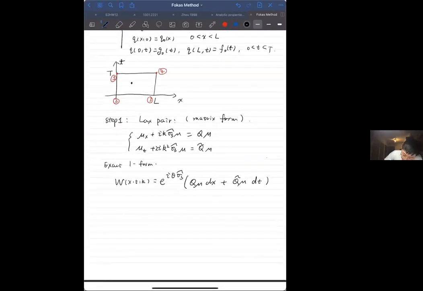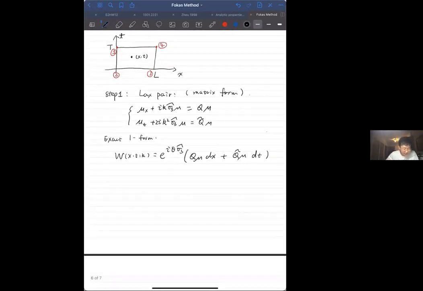Then for a point x in this region, we can solve the spectral problem simultaneously by this exact one-form. It's a line integral and it doesn't depend on paths.